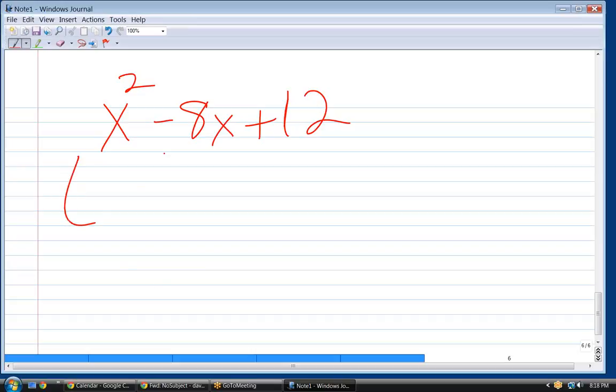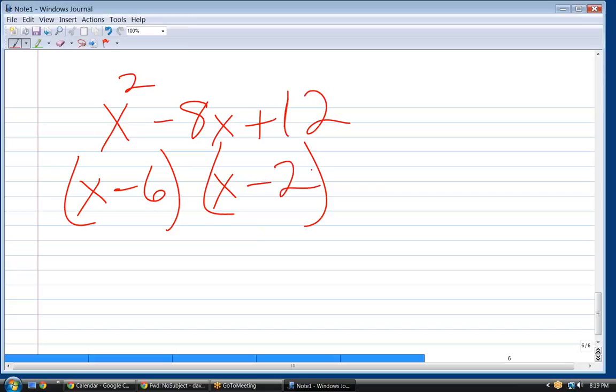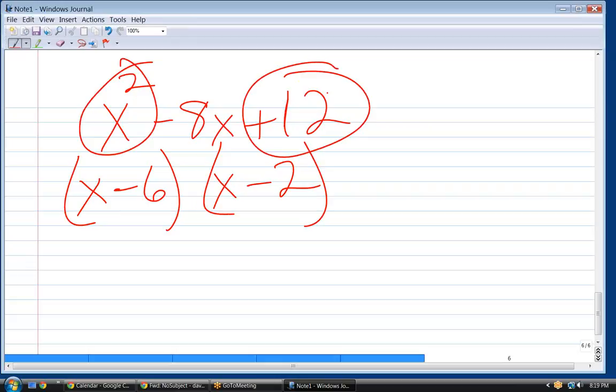Okay, so let me see. We could do x minus 6 and then x plus 2. Not plus, or minus 2, my bad. In other words, when you're doing these, always make sure you have this term and that term, because those are really easy to make sure you get right.